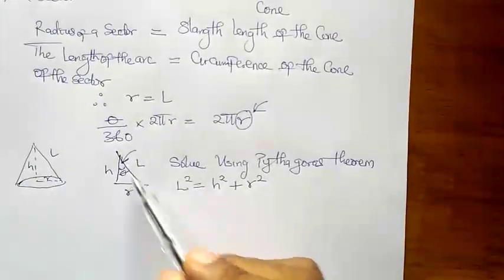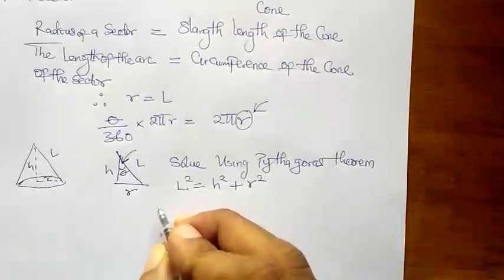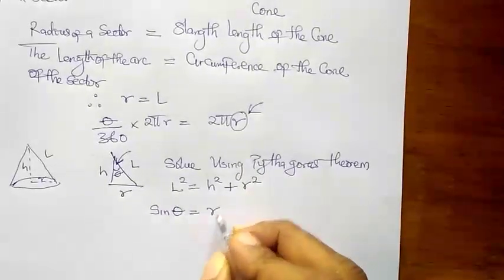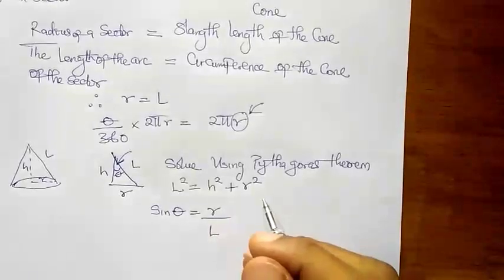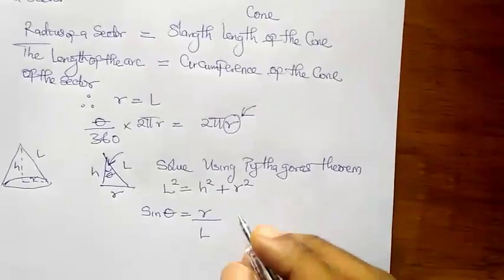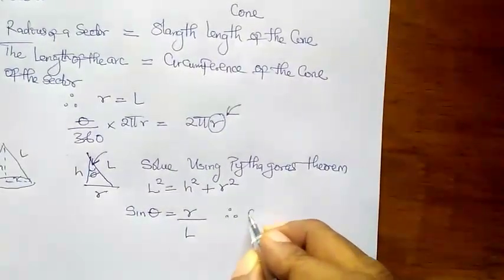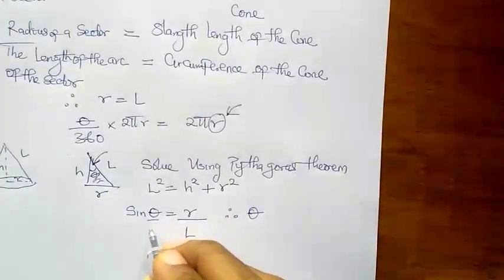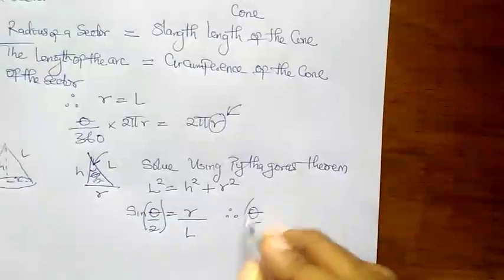Now, if we are told to find an angle, remember that the angle at the top of the cone is divided into two. So we divide the angle into two.